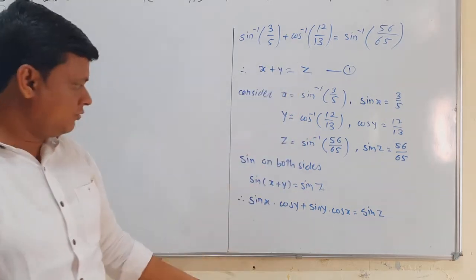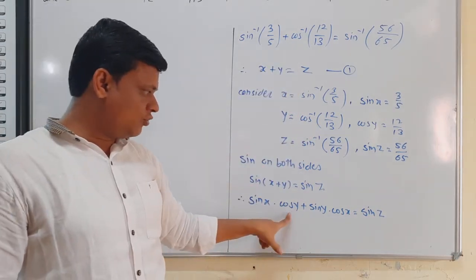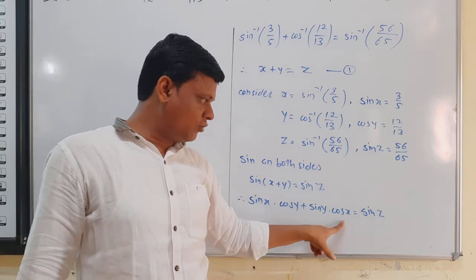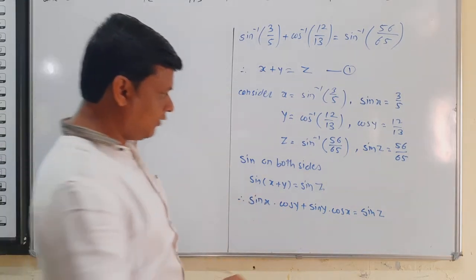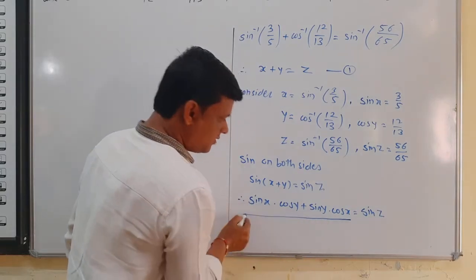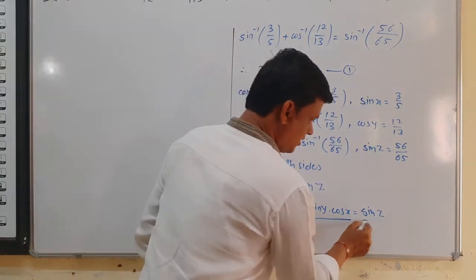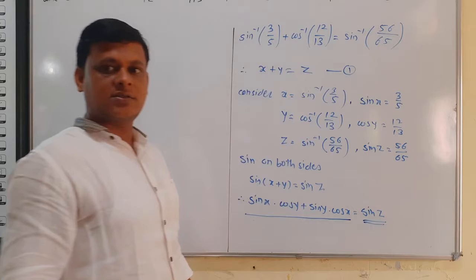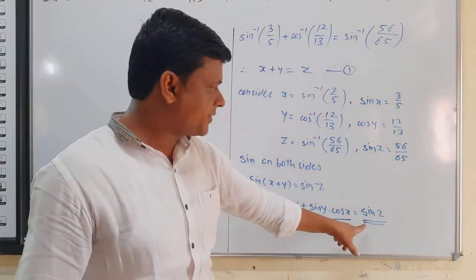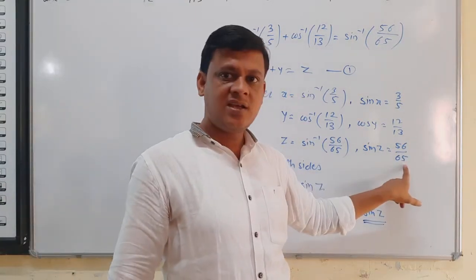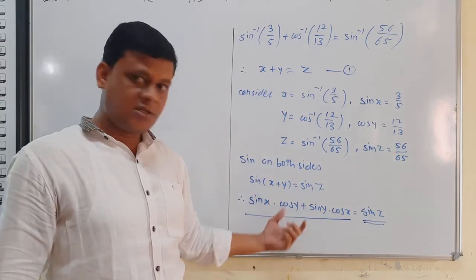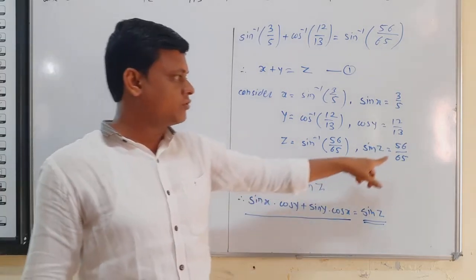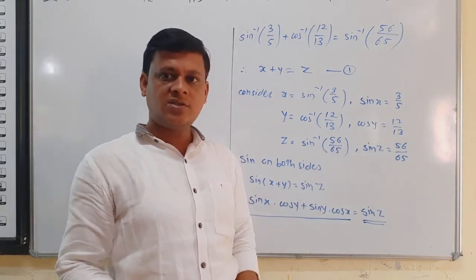That is, to show sin x into cos y plus sin y into cos x equals sin z. So we calculate here the LHS. We have the value of sin z, that is 56 by 65. That means after calculating this LHS, this value must come equal to 56 upon 65.